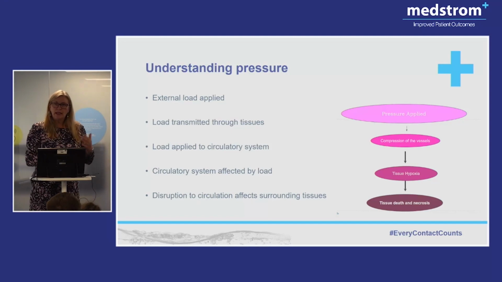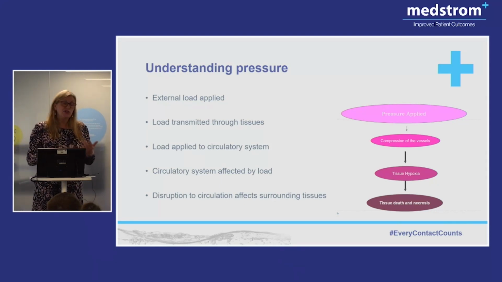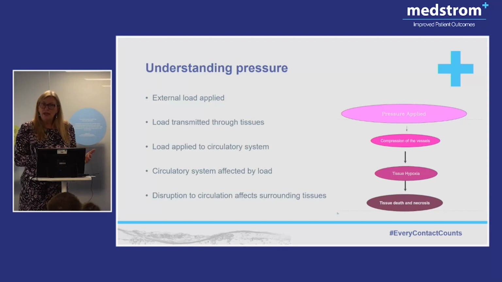Now remember, it's the arteries and the veins and the lymphatic system. It's not just arteries that we're thinking about. And it compromises those. What it starts to do is cause a degree of hypoxia. Now, in normal healthy individuals, when you get that degree of hypoxia, you start to fidget. You get a pain pressure response and you relieve the pressure.